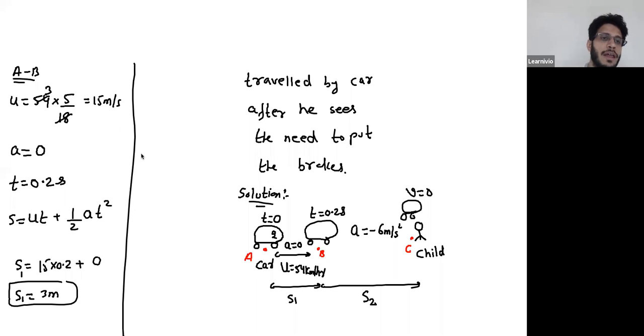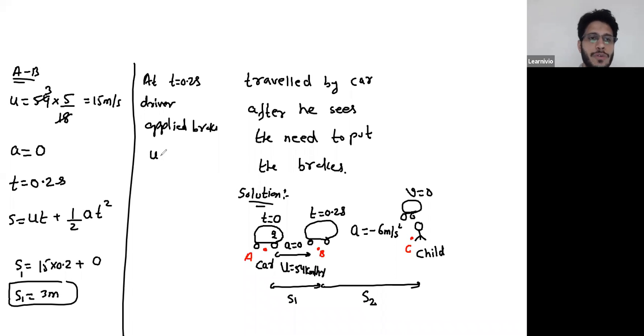Now, at t equal to 0.2 seconds, the driver applied brakes. So the initial velocity is 15 meter per second. It's 54 kilometer per hour, the same speed as here. It's 15 meter per second.